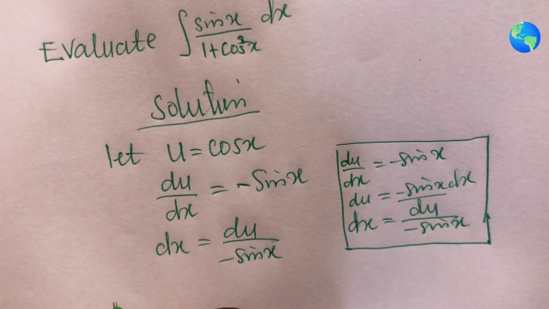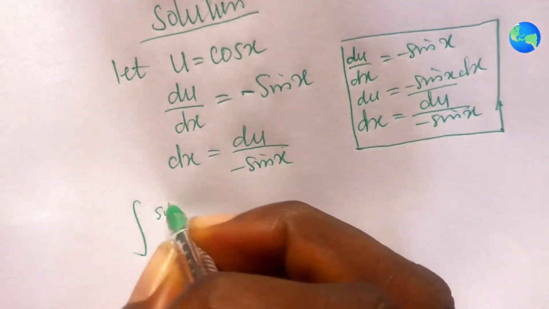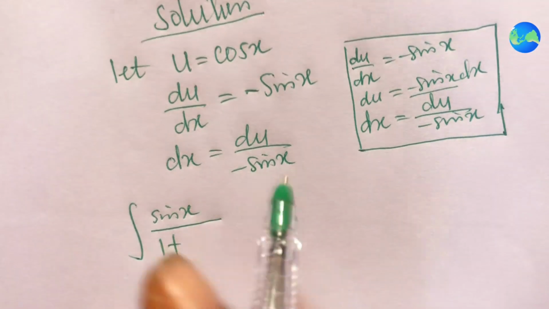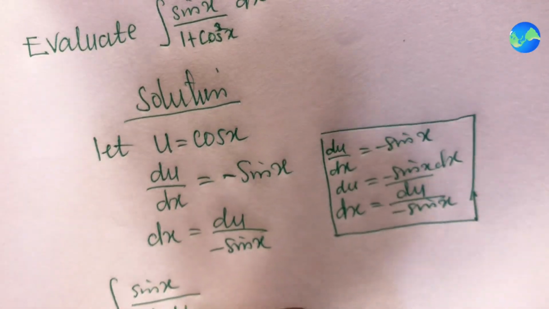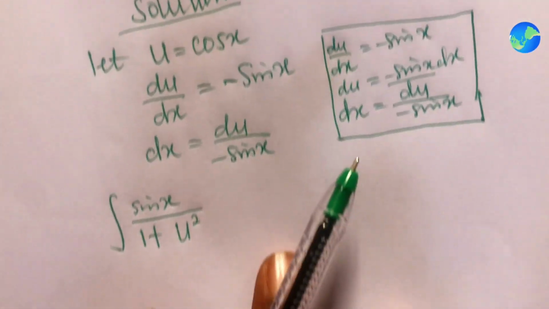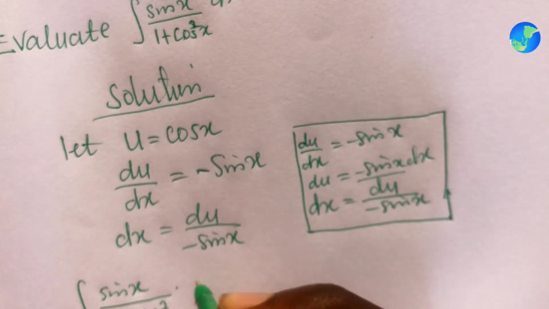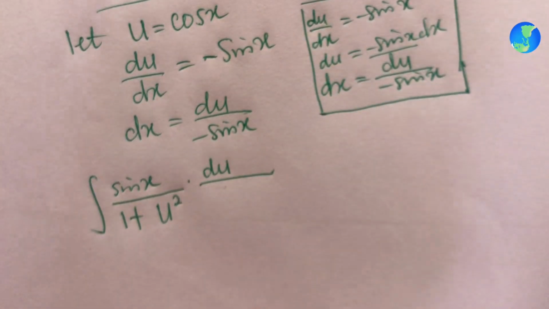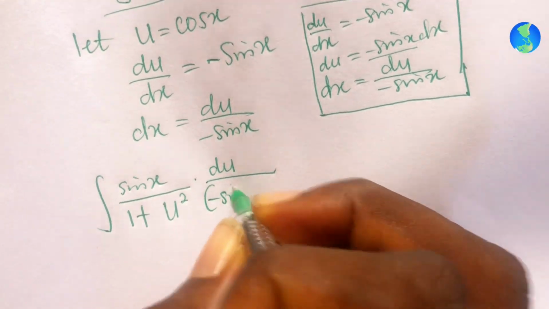So I'll have something like the integral of sine x over 1 plus, instead of cos square x, I'll be using u squared because I've already said u is cos x, right? So instead of dx, what am I putting? I'll be substituting du over minus, let's put it in the bracket, minus sine x.